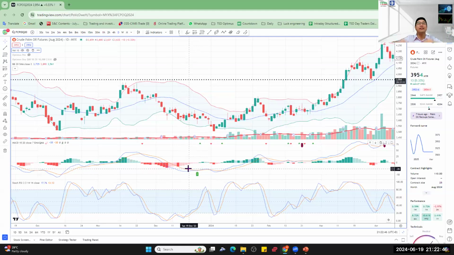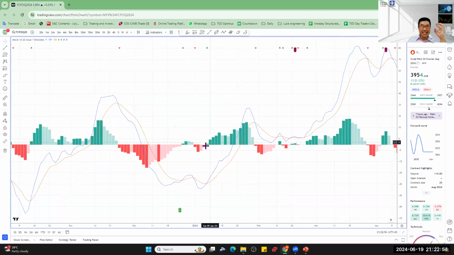And of course, just now I talked about momentum. I don't know whether you have used this before. This is a very powerful indicator for you to buy and sell. Here, this is a golden cross. When the shorter line, the blue line, cuts across the red line, and you see this golden cross, technically it is already green.